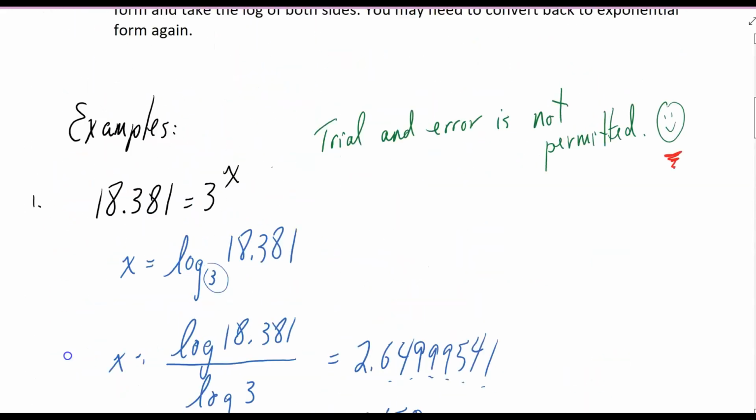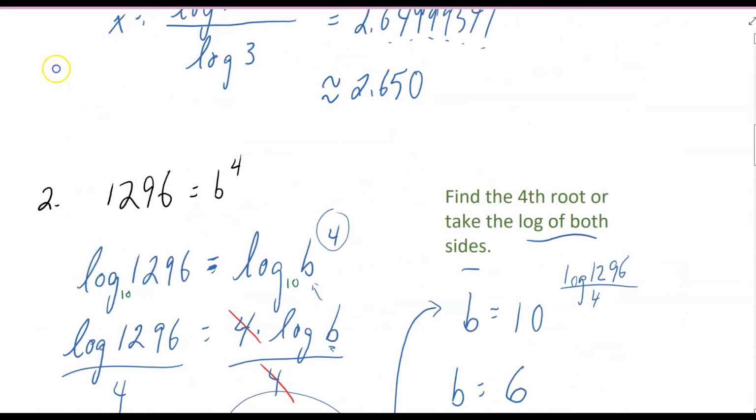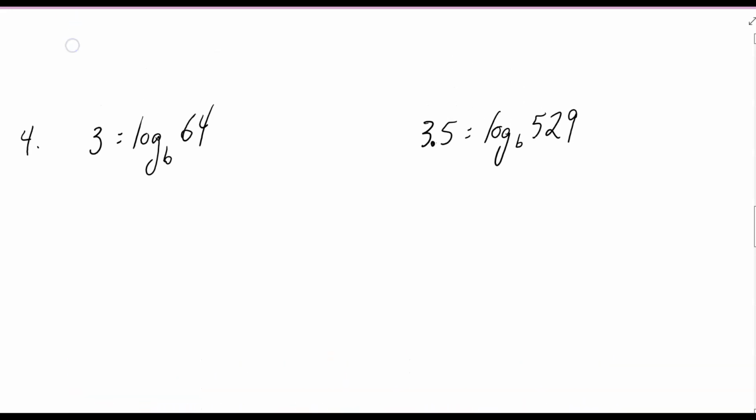If the equation is in logarithmic form and b is the unknown, that's number 4. Change to exponential form and then take the log of both sides. You may need to convert back to exponential form again. So I'm using that one here. We're going to change to exponential form. That means b to the power 3 equals 64.